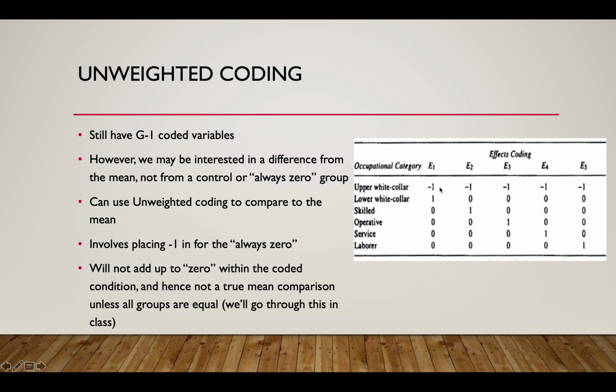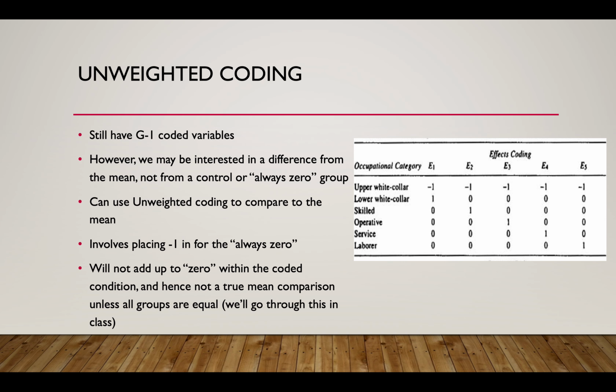However, this will only be equivalent to the true mean if all of the groups are equal, because this would have to add up to 0 and this would have to add up to 0. And if they don't add up to 0 within the coded condition, then you don't actually get the true mean across all of the comparisons. This is why it's called unweighted.